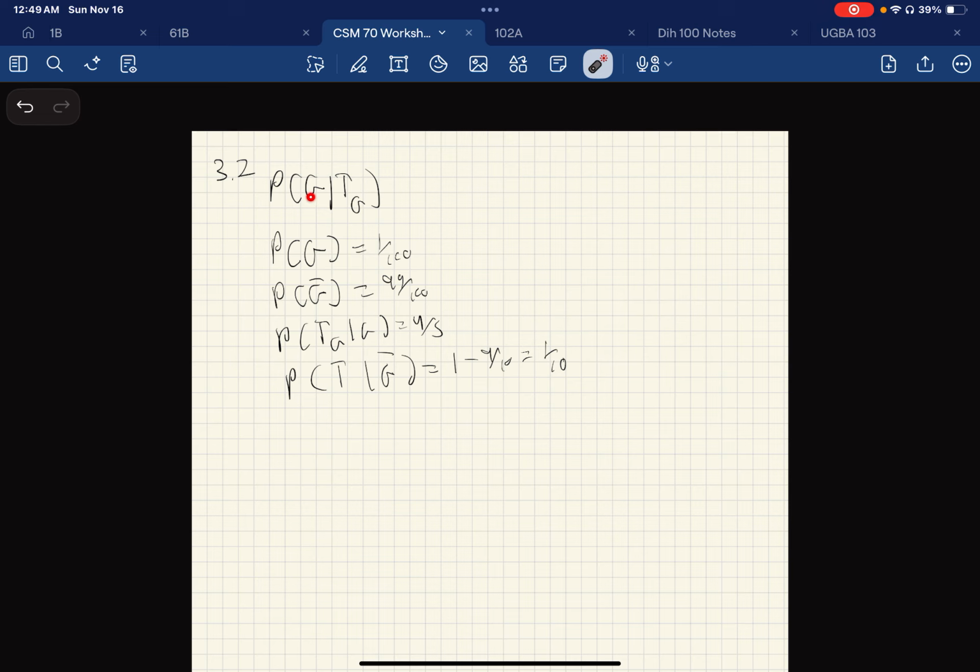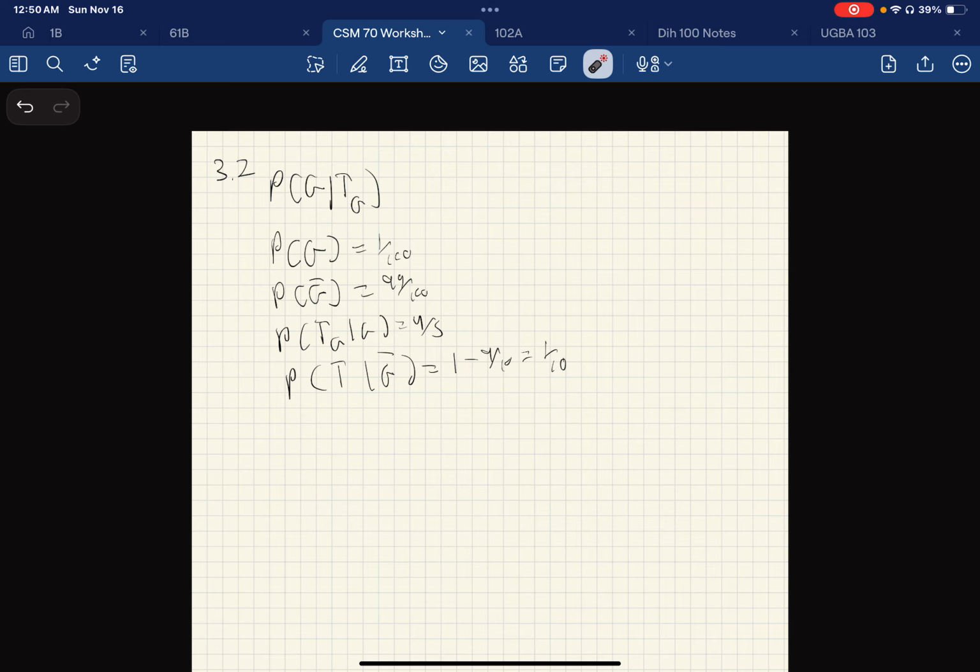G is the event that someone is guilty, and then T of G indicates that the test is reading guilty, which is important because the question asks: what is the probability that someone's guilty if the test indicates that someone's guilty? Keeping this in mind is really important for these problems.